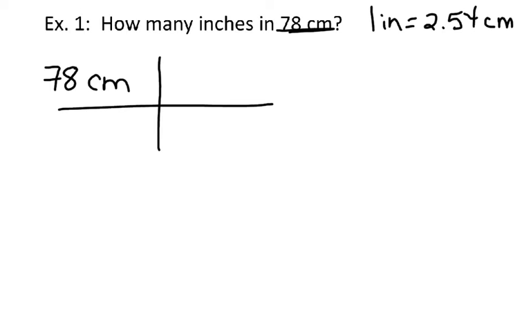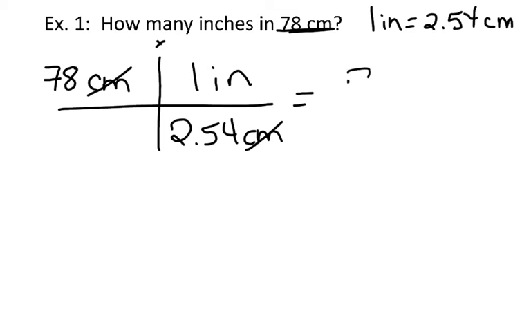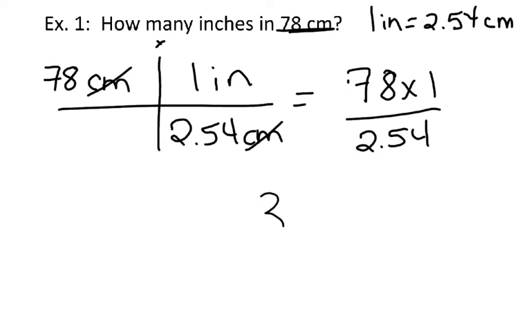Since I have centimeters on top, I'm going to put centimeters on bottom, which leaves my 1 inch on top. And of course, this little straight down vertical line means times. This is actually 78 times 1 divided by 2.54, which equals 30.7 inches as my answer.